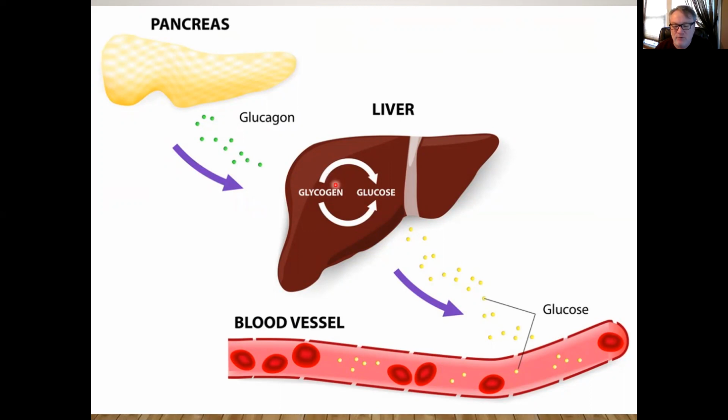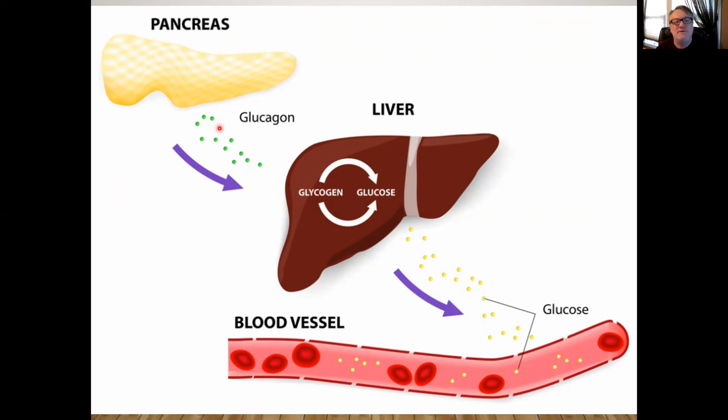The liver provides the structure where we do these conversions. And so glucagon triggers the process in the liver to release the enzymes to turn glycogen back into glucose, therefore releasing glucose into the blood. So that's how the pancreas is able to increase blood sugar by taking glucose from stored glycogen.